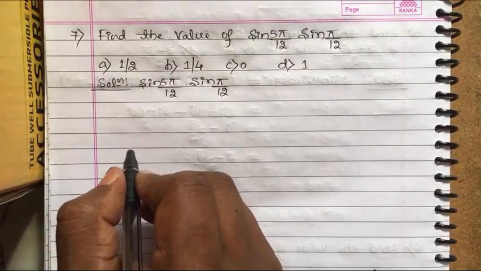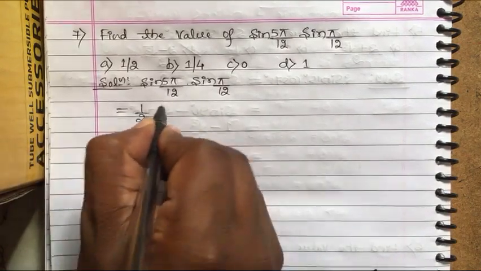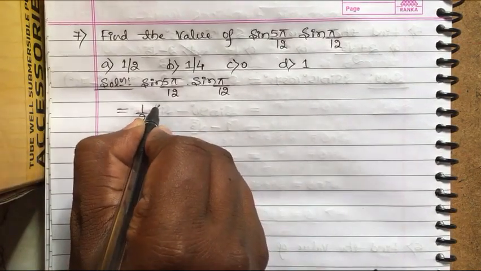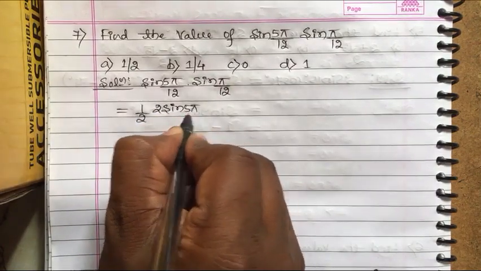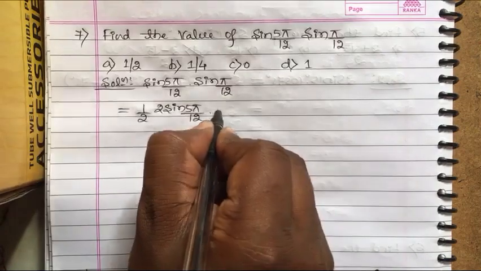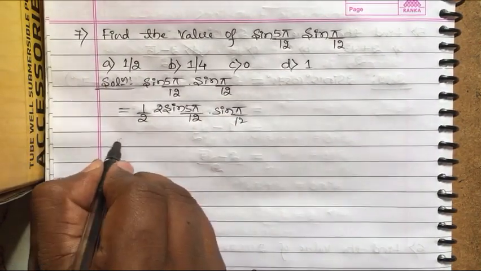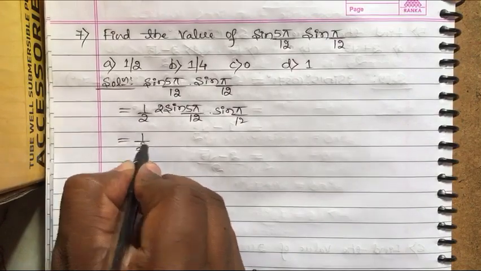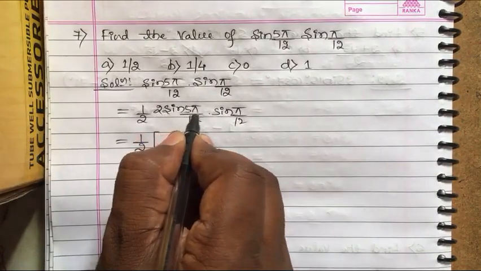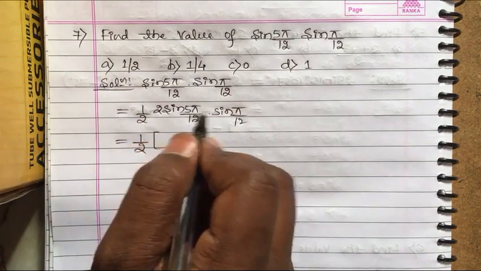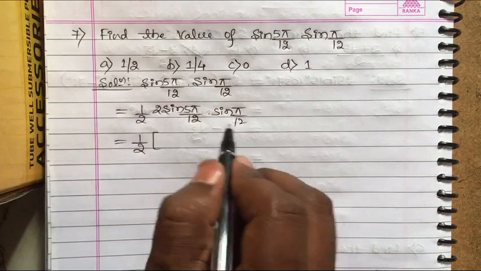To get this into the standard form, I multiply and divide by 2. So here it becomes 1 by 2 into 2 sine 5 pi by 12 into sine pi by 12. This is in the form of 2 sine A sine B.